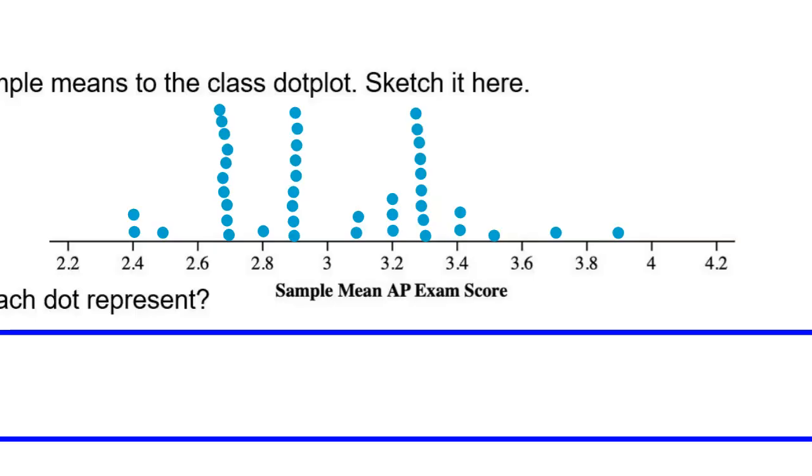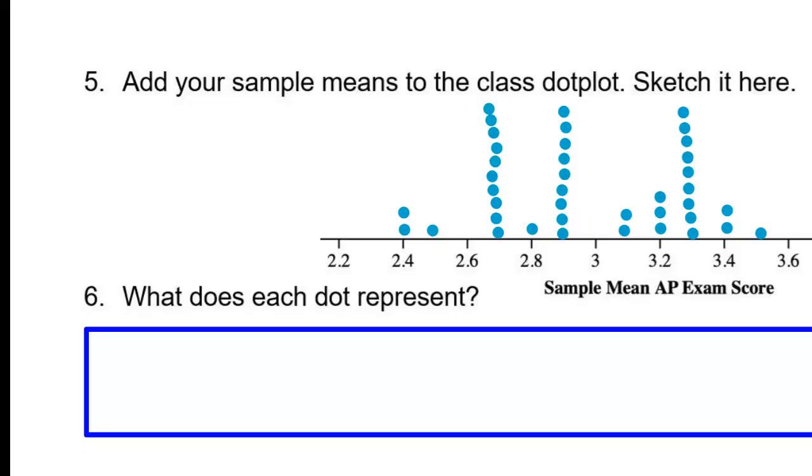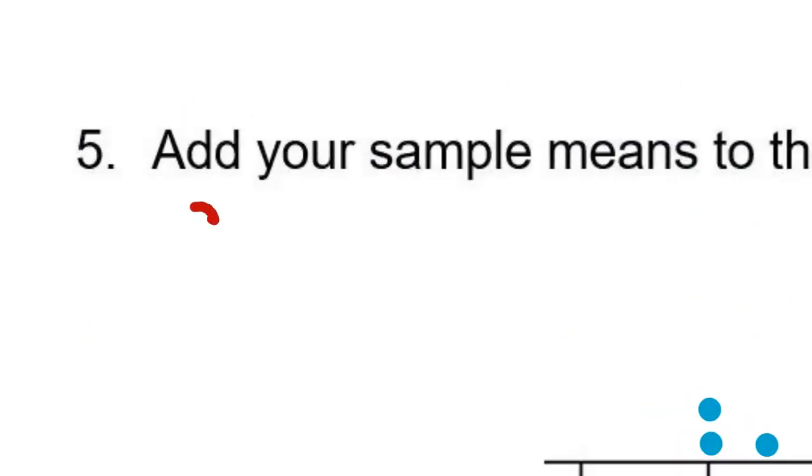There is our dot plot. Please copy this to the best of your ability into your notes. It does not have to be perfect, but you should have the same basic shape.